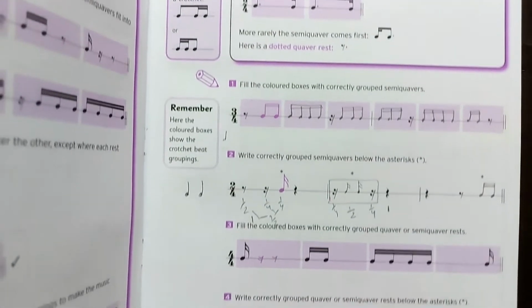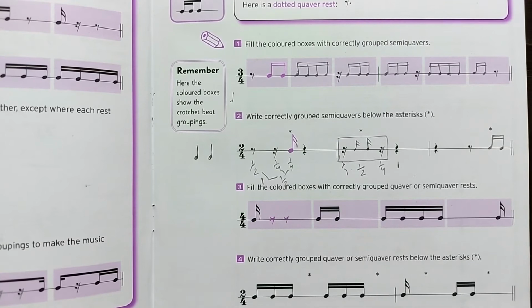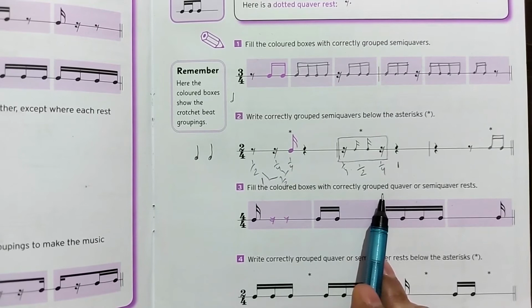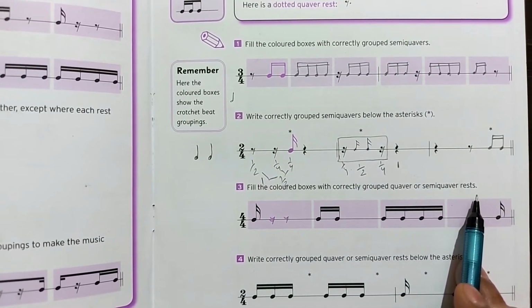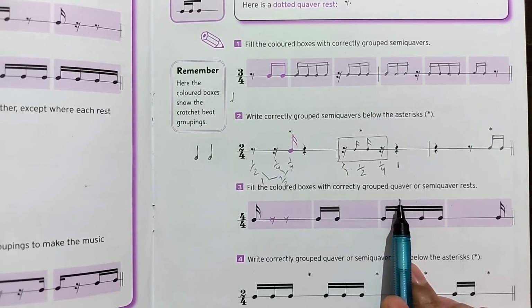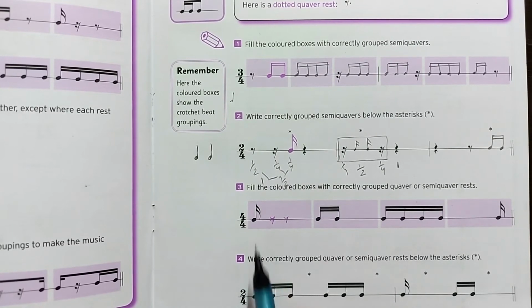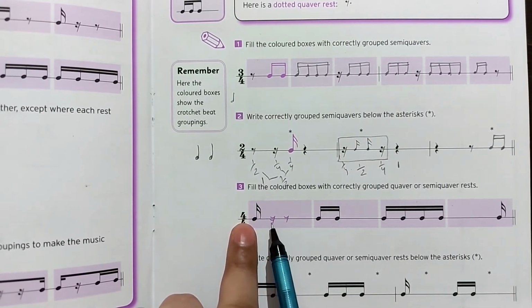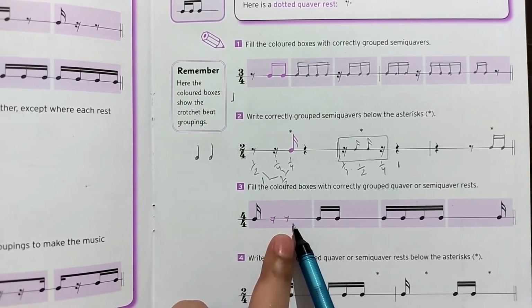Now next question, if you see the next question, it says to fill the colored boxes with correctly grouped quaver or semi-quaver rests. Okay, so we have to use the quaver notes or the quaver rest or the semi-quaver rest. In the first example, to complete the first crochet beat value, they have used the first semi-quaver note, then they completed this value of a quaver, and then they put the next quaver here.